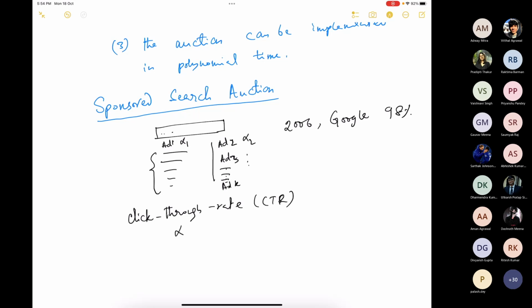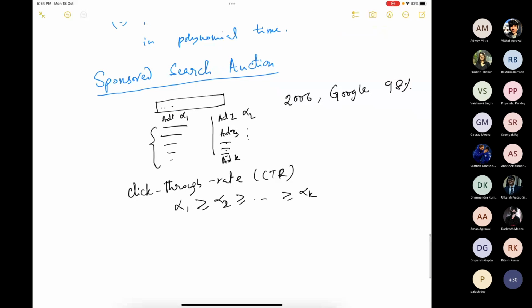This information is typically available from historical data. So alpha 1 is greater than or equal to alpha 2, and so on, greater than or equal to alpha k. This sort of encodes the goodness of the position: from the position itself, irrespective of the ad, how likely the user clicks on the ad.